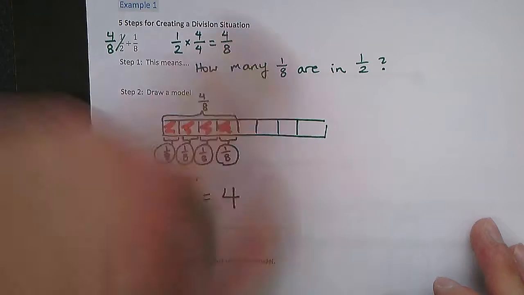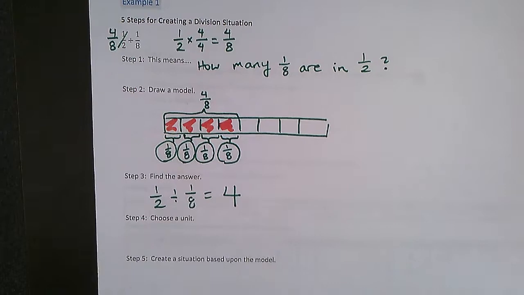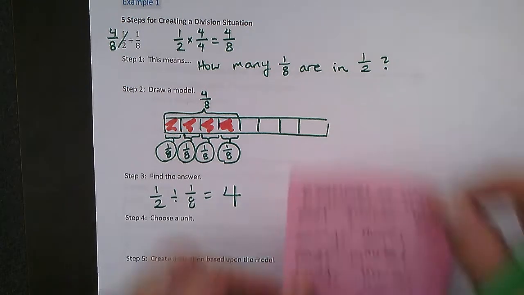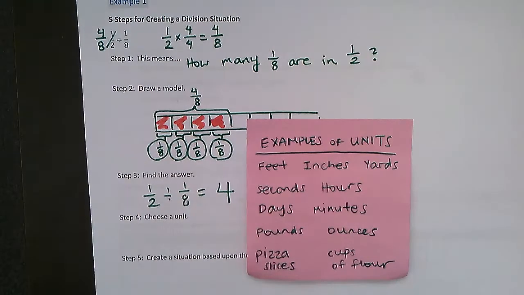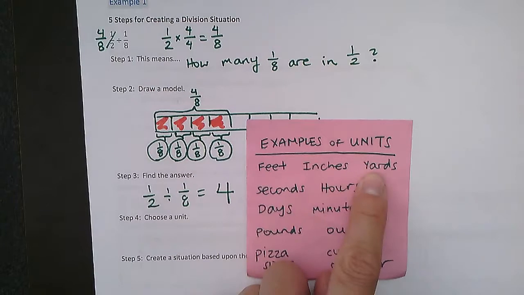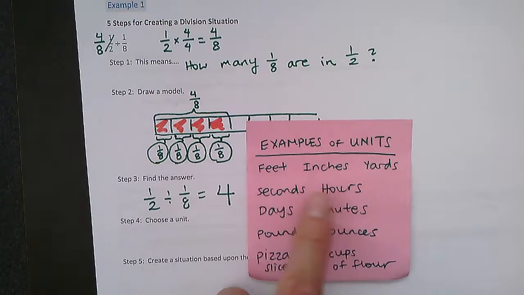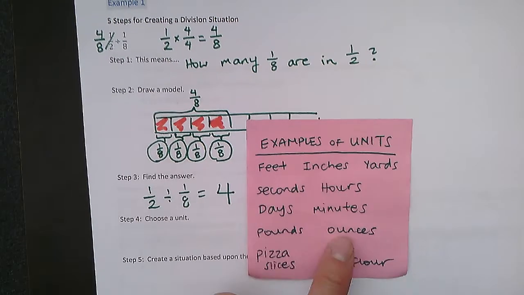Now step 4 and 5. So far, all this is pretty similar to what we've already done. Now we're going to take what we have, and step 4 is to choose a unit. So to remember what a unit is, right here are some examples. Units can be how long something is, like feet, inches, or yards. Or it could be time, like seconds, hours, days, or minutes. How heavy something might be, pounds or ounces.